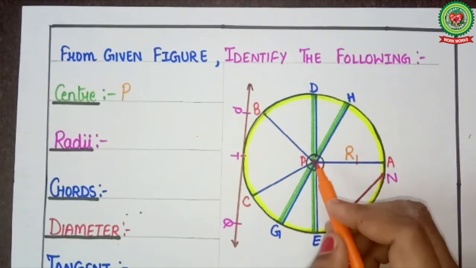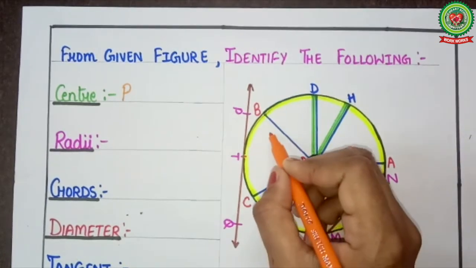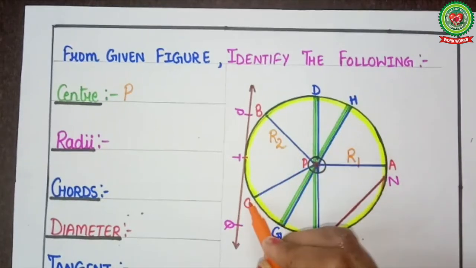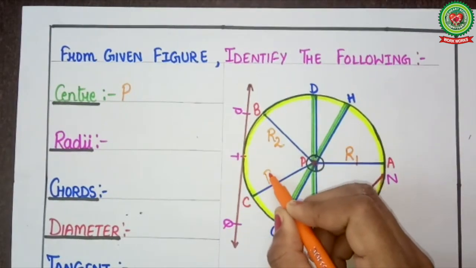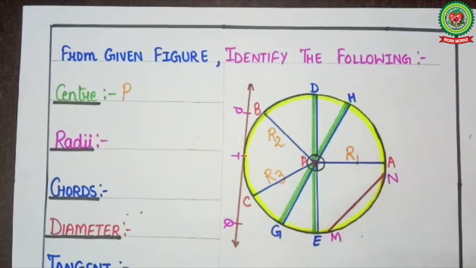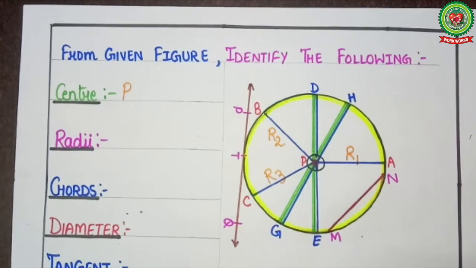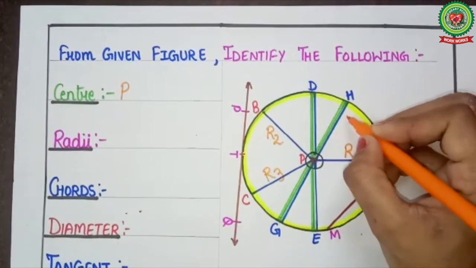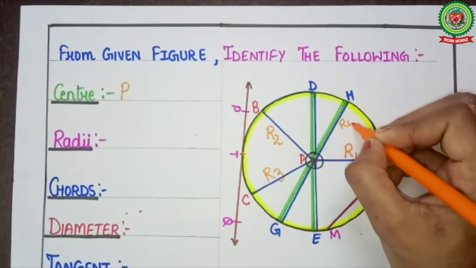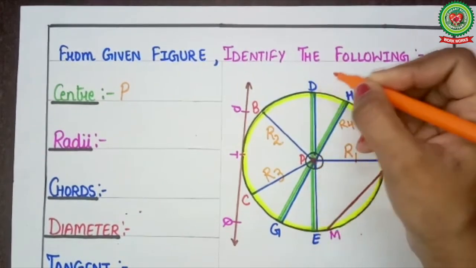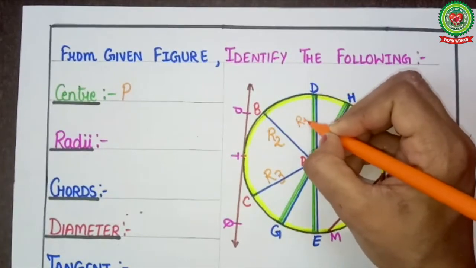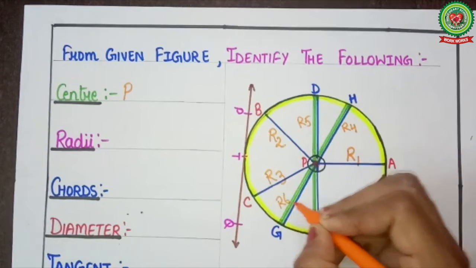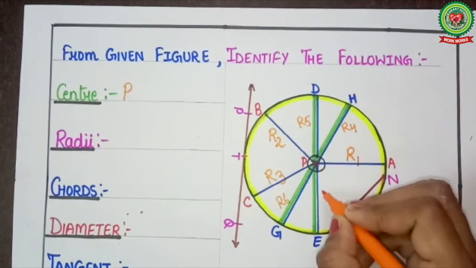Now, PB. Second radius. PC. Third radius. Are you able to see any more radius here? Yes. PH, PD, PG and PE.